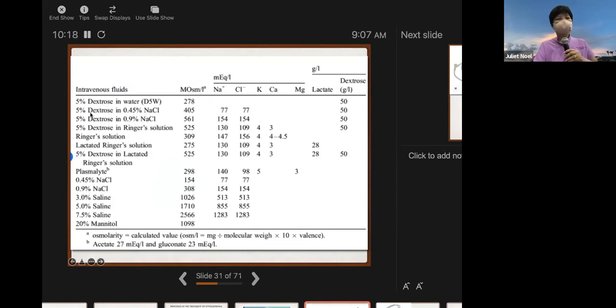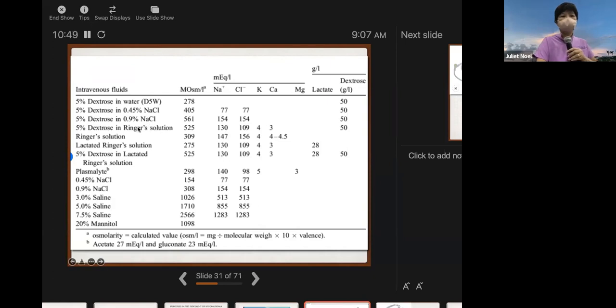D5 0.45, so it is half saline, 77 sodium, 77 chloride, but you give dextrose, which is 5%, so the osmolarity becomes high. So it's hypertonic. D5NSS, 154 sodium, 154 chloride.